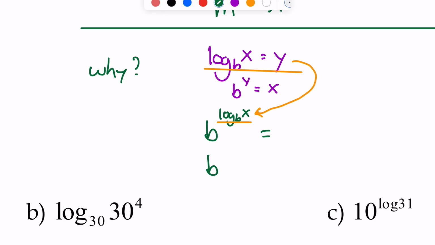That's b to the y is equal to what? Well, when we rearrange this logarithm, we said that b to the y is x. So right here, b to the y is this x.